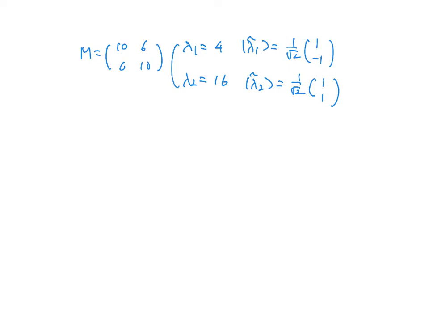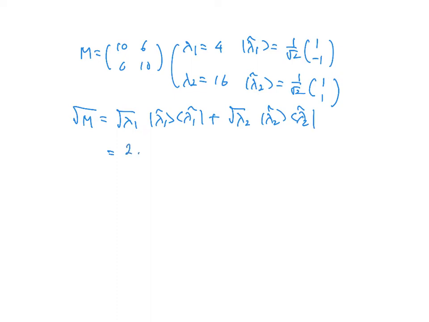So actually, what is the square root of M? It is the sum of square root of lambda 1 times lambda 1 tilde outer product, plus square root of lambda 2 times lambda 2 tilde outer product. So that is 2 times 1 half of (1, minus 1, minus 1, 1), plus 4 times 1 half of (1, 1, 1, 1).